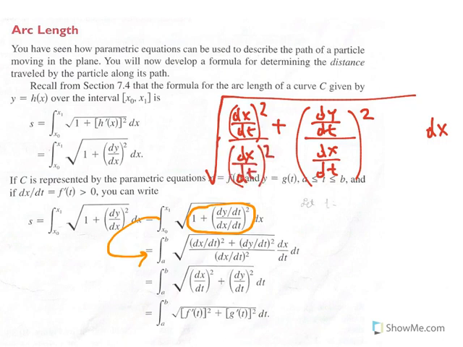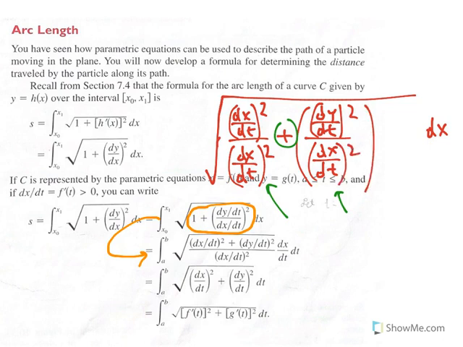Now you have a sum of two fractions with a common denominator of dx/dt squared. So over here you can distribute the square, and when you add the two numerators, you get dx/dt squared plus dy/dt squared in the numerator, and the common denominator of dx/dt squared in the denominator. So that is how we go from the first line to the second line for the radicand.